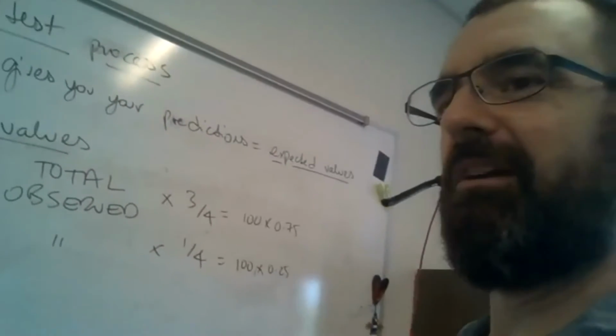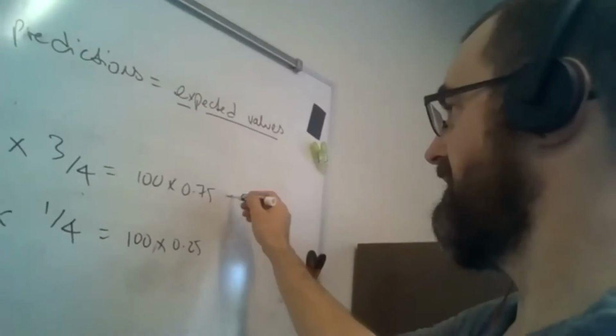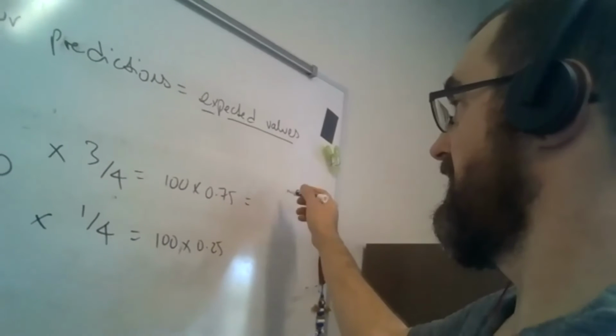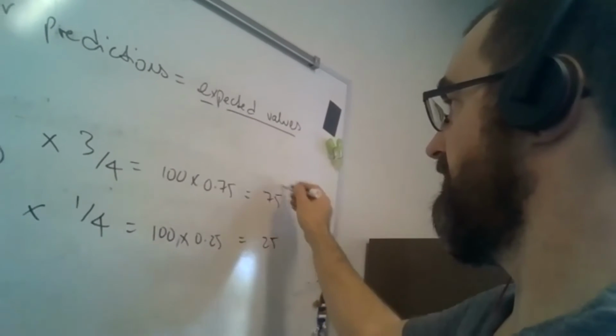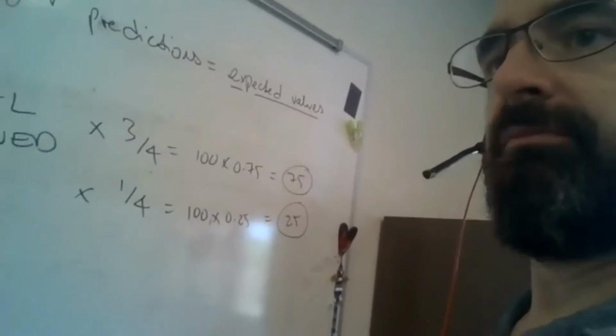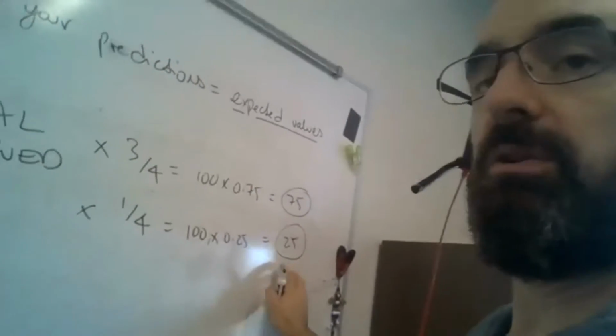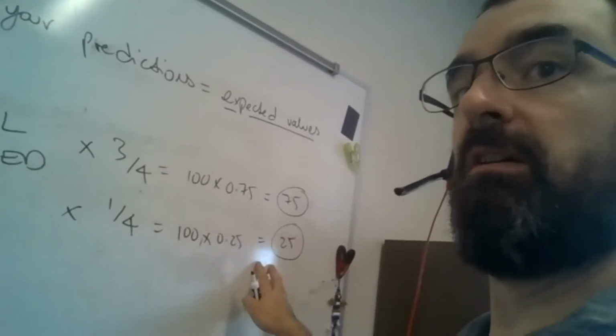I'm a bit allergic to fractions, I have to say, so decimals. That is 75, that is 25. Right, so those are the numbers that we're going to be using for the expected values.